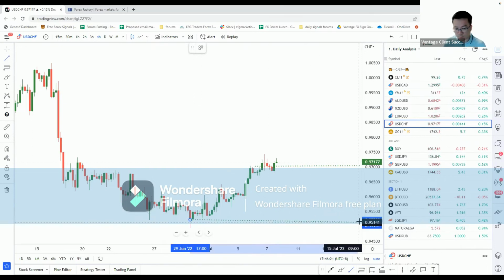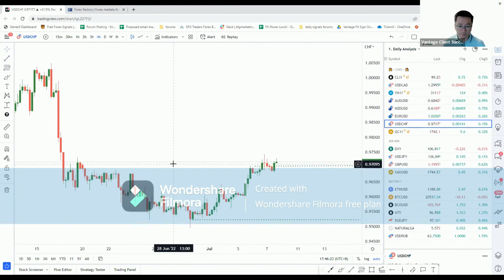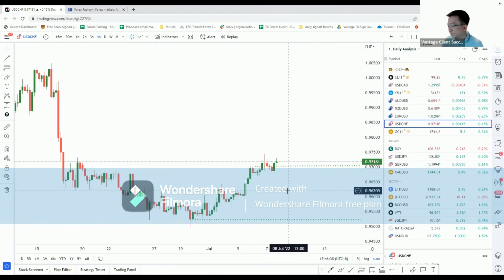So I'm looking for this move a little bit higher, but I'm looking for that selling opportunity back down from 0.97 towards that 0.95 support level.